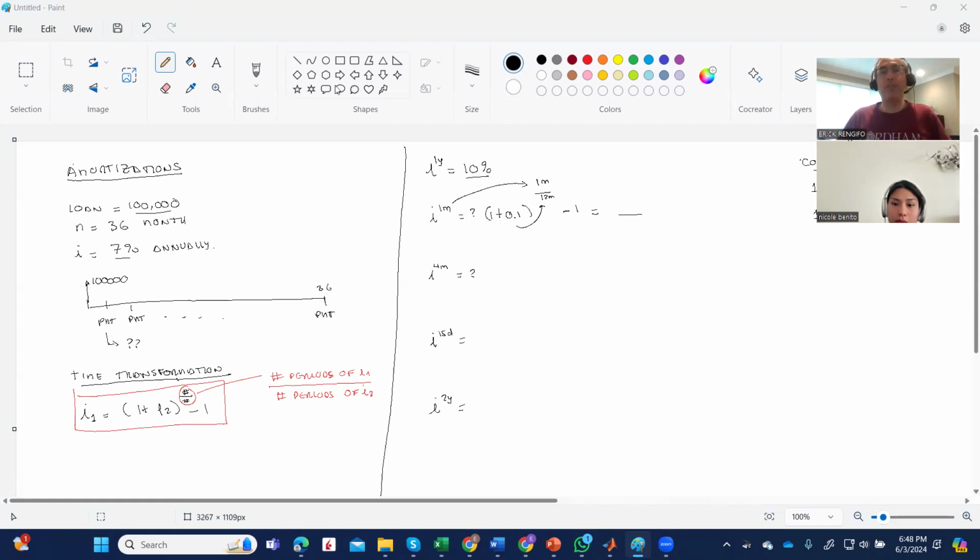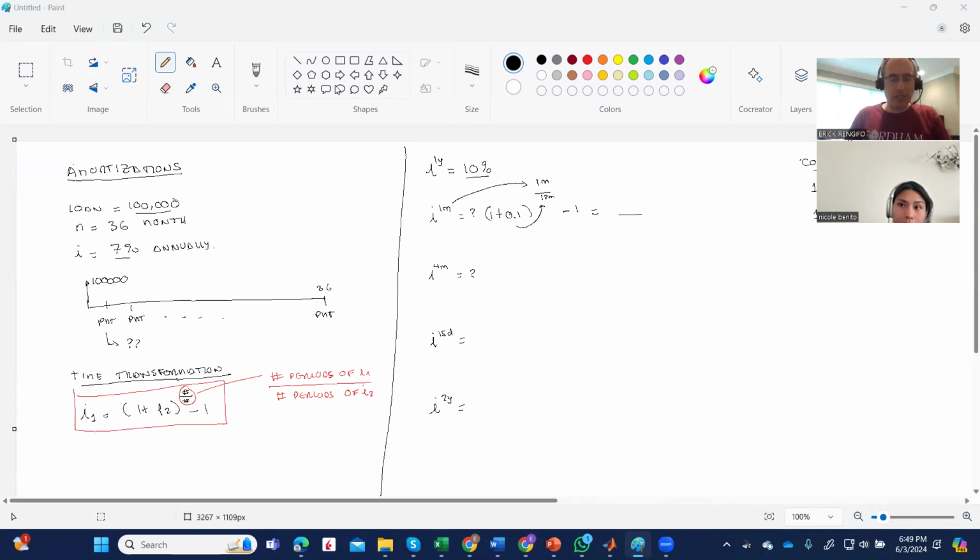Okay, guys. So what do you get here? Someone? So it is basically 1.1 to the power 1 over 12 minus 1.